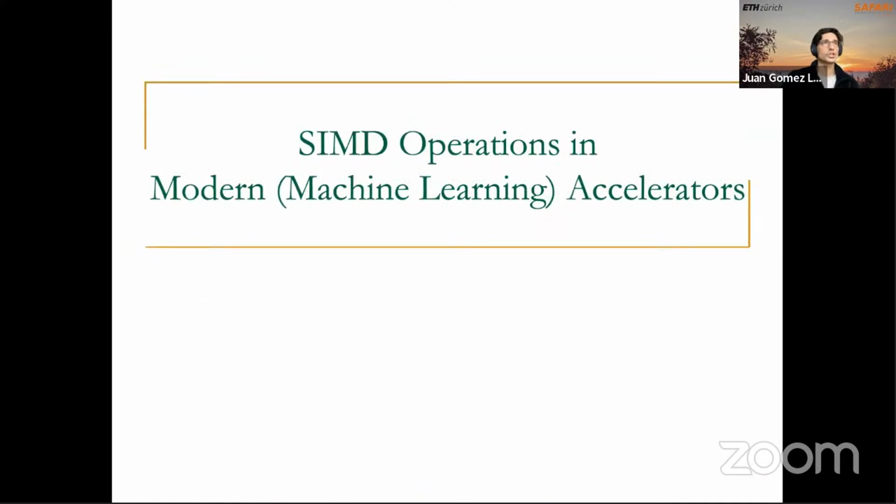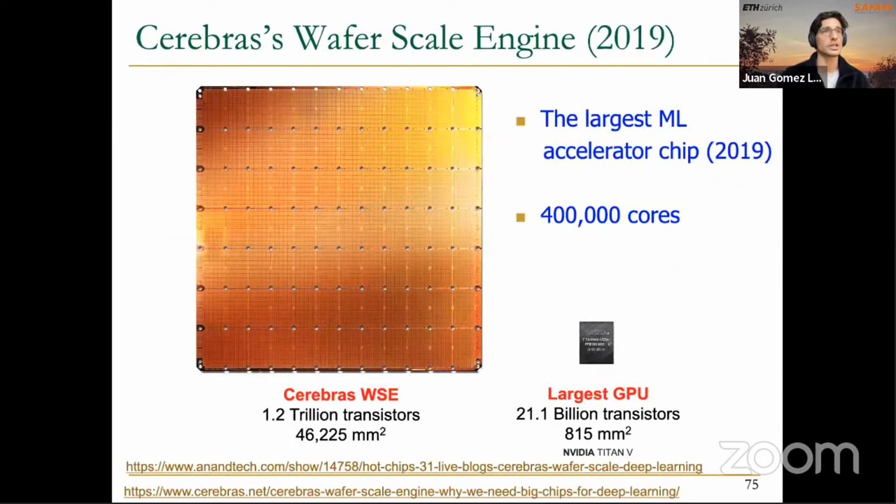Okay, more SIMD operations in current machines. We can find them in modern machine learning accelerators. One good example is this Cerebras wafer scale engine that you have probably seen before in this course. It's a wafer size processor composed of multiple tiles, and as you can see, way larger than the largest GPU of its time.